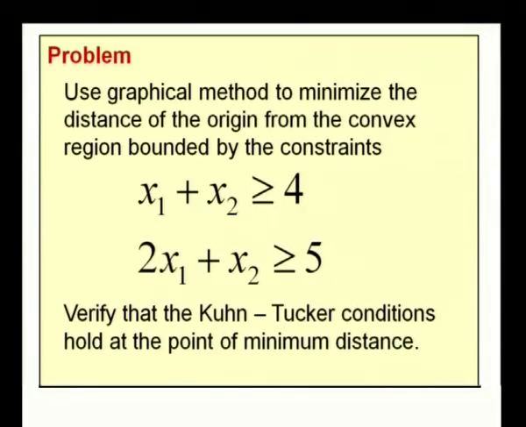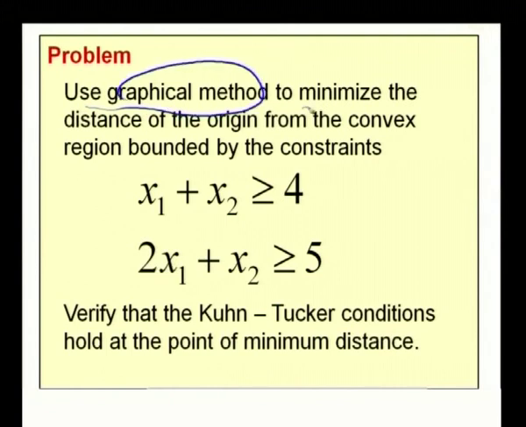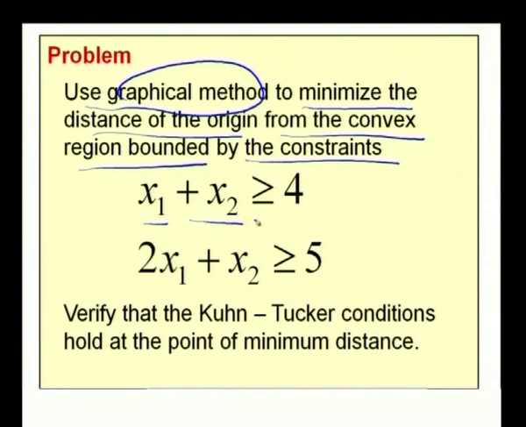Now, with this idea, let us discuss the problem: using the graphical method, minimize the distance of the origin from the convex region bounded by the constraints x1 plus x2 greater than or equal to 4 and 2x1 plus x2 greater than or equal to 5.